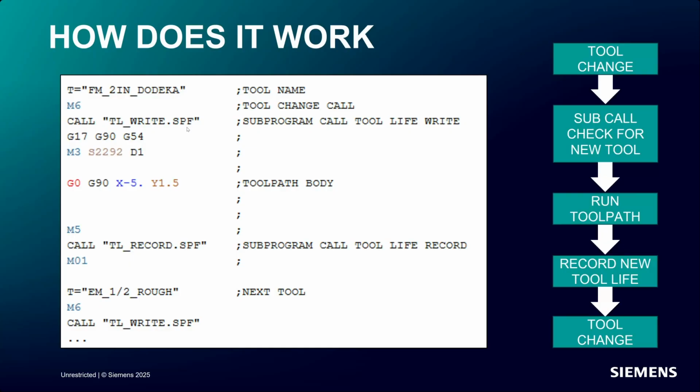It's going to answer 3 questions. Number 1, is the tool that's in the spindle using tool life management? Is it set, and if it's set, is it set to time or count? Because if it's not set to tool life management and a tool life time or count is not set, it's just going to end the program and go back to your main program. It's not going to do anything.